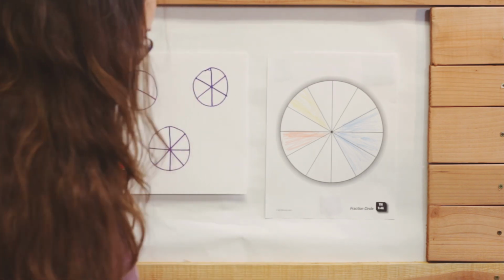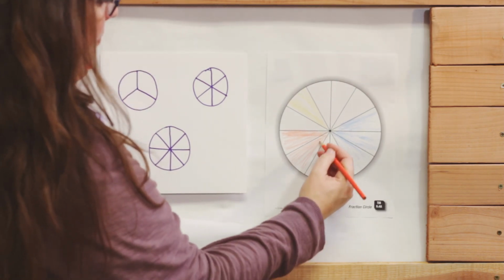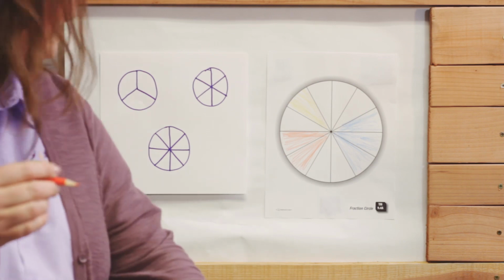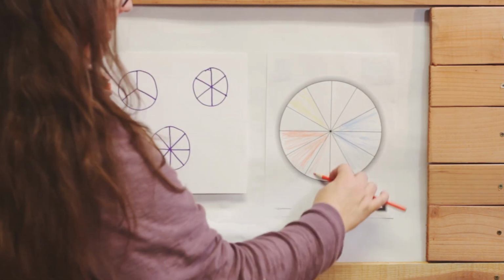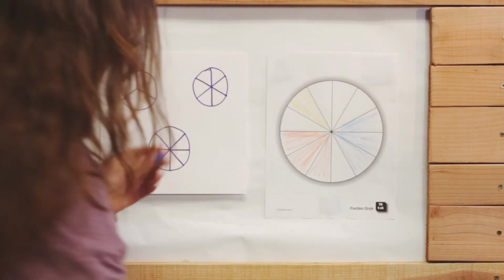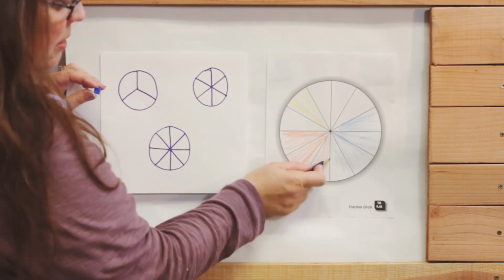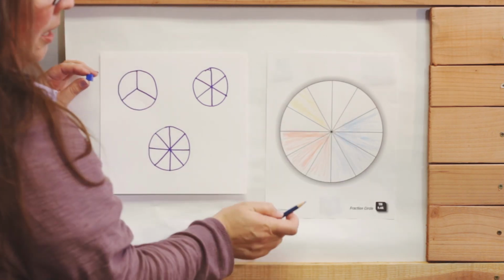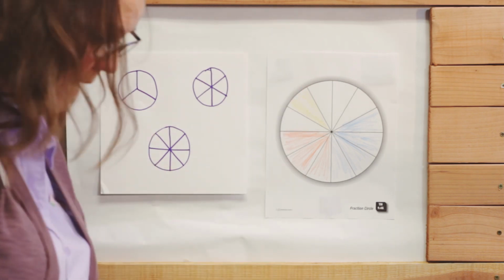Now I'm going to grab a red. And I'm going to do another red. And now I'm going to do another blue. So I have 4/12 in blue, 3/12 in red, and 1/12 in yellow.